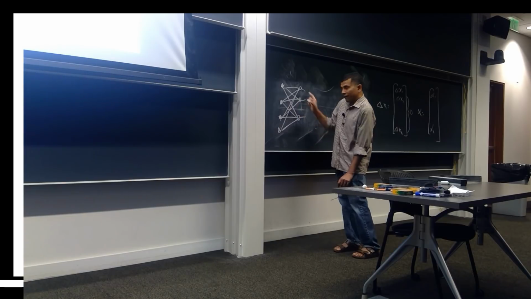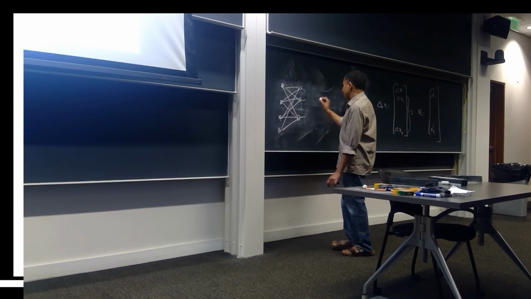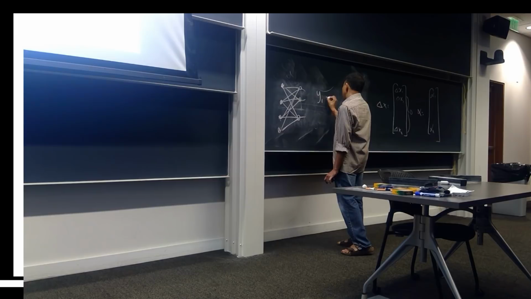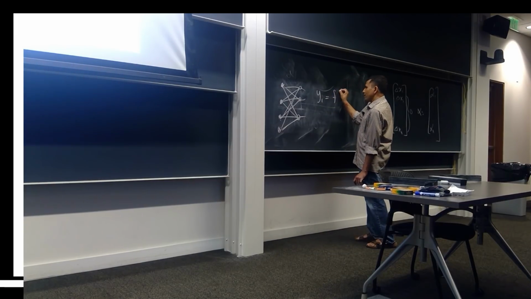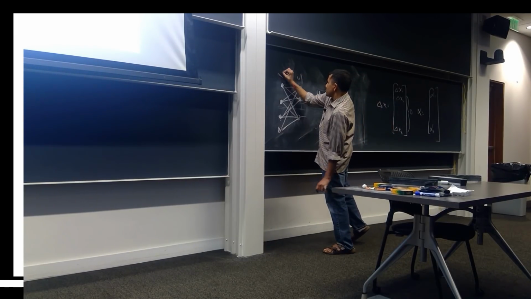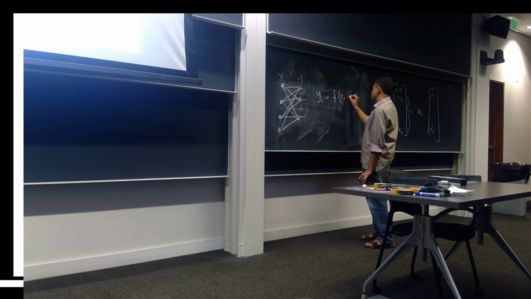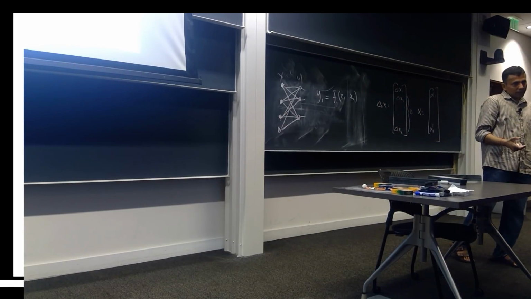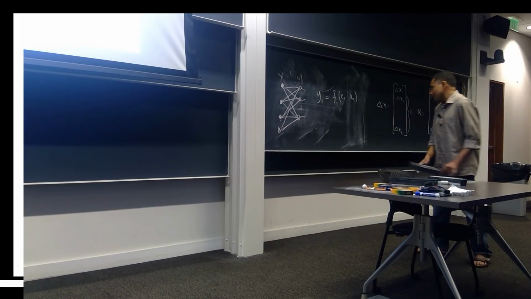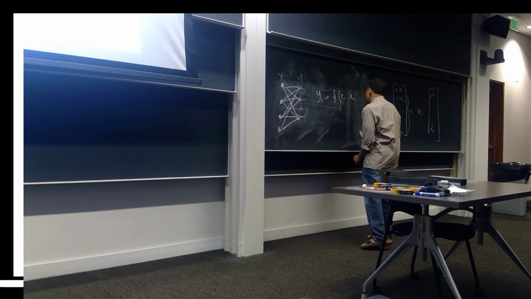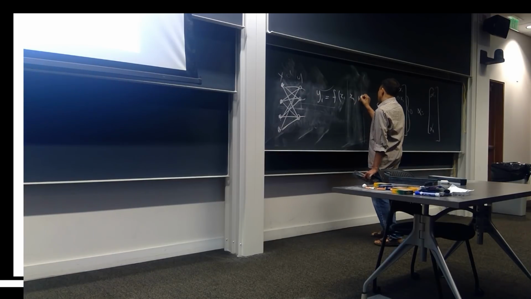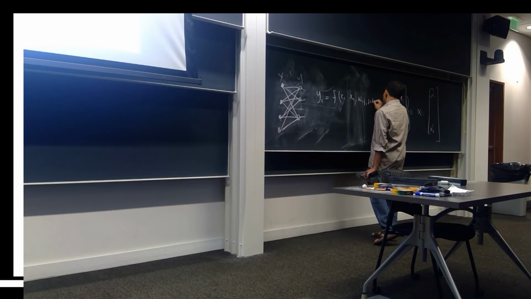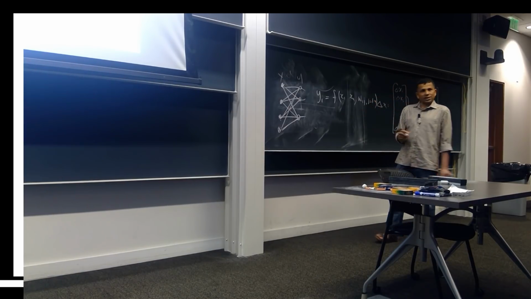Because this weight is not affecting these guys. So here I can write yi equals some fi of x1 to x4, let me call these y's, let me call these x's. And each of them is a different function. Each of them has a different set of weights. Or more generally, I can say f of x1 to x4, comma, w1j, j equals 1 to 4. Because these are the weights, correct?